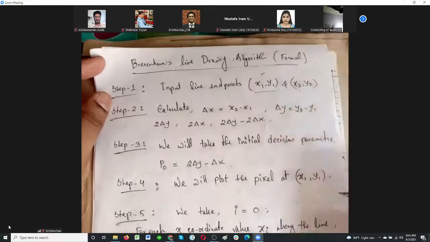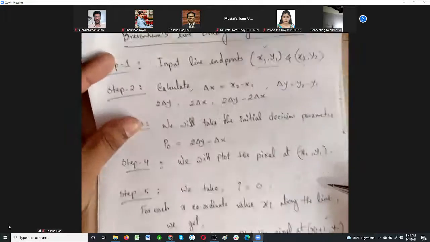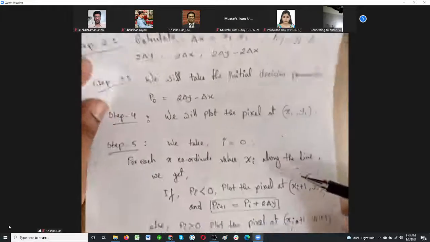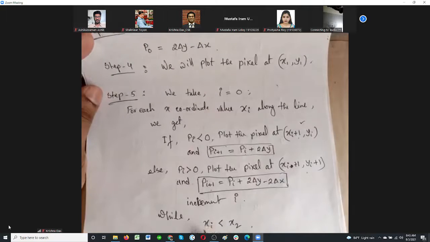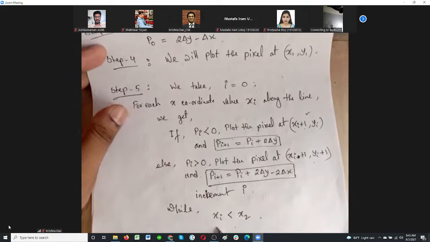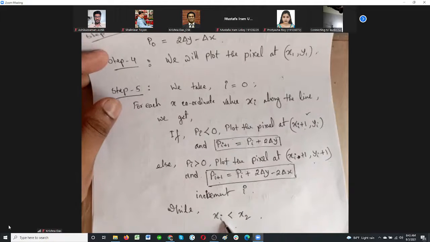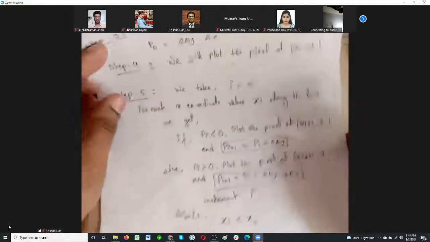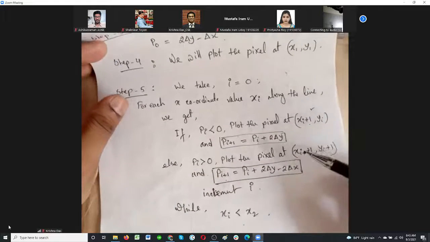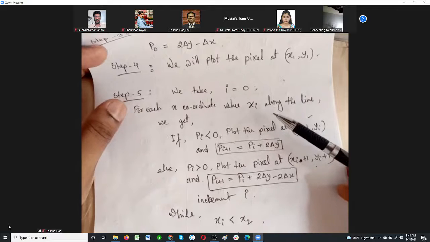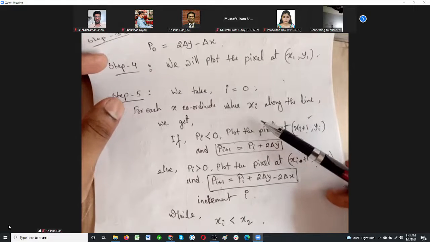Then we go into a loop, for as long as the x coordinate value of the pixel we have found is less than the last point's x coordinate value. For that we take a variable i and initialize it with 0.